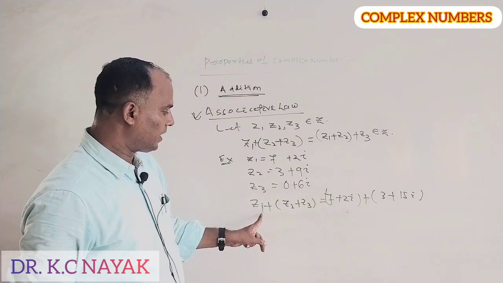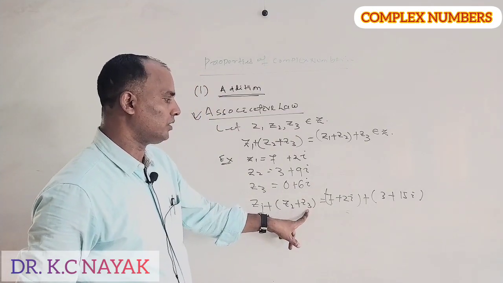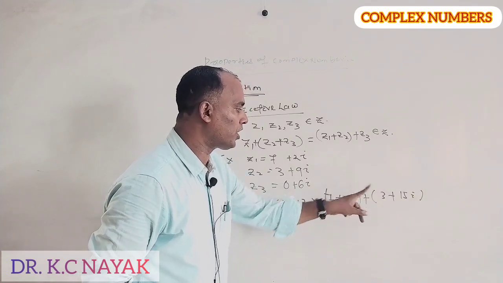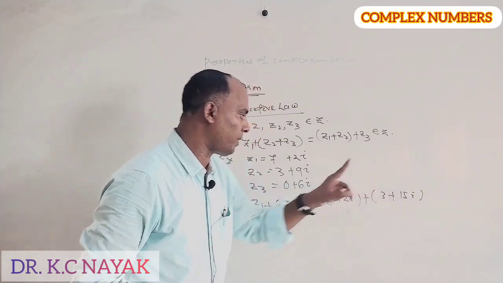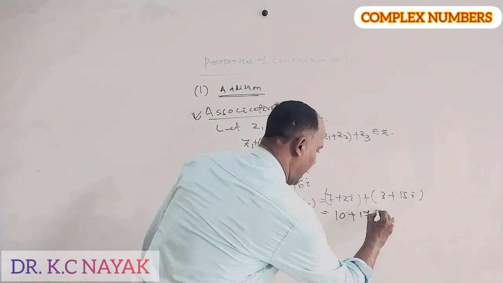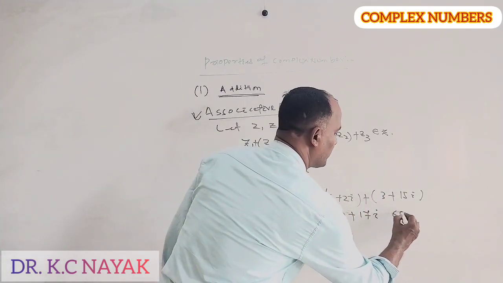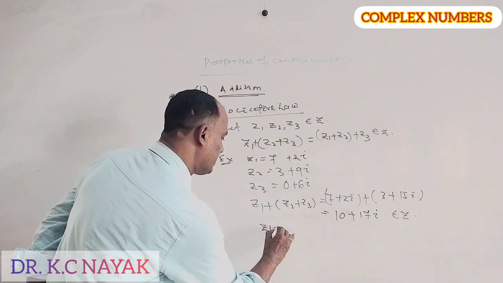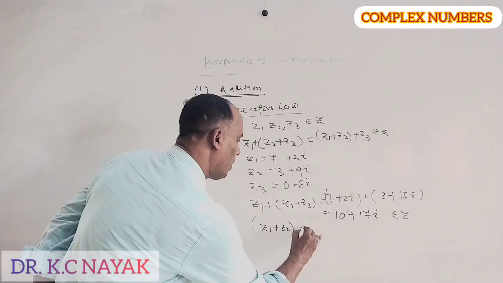Again, Z1 plus that result: 7 plus 3, real part to real part and imaginary part to imaginary part, is 10 plus 17i, which belongs to Z. Similarly, we also check (Z1 plus Z2) plus Z3.